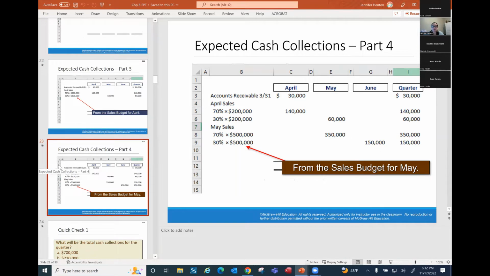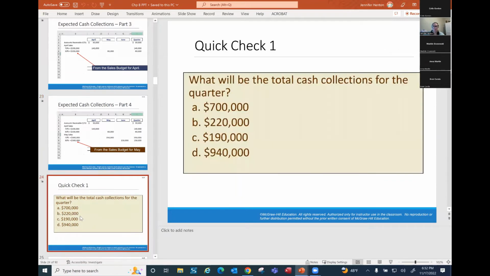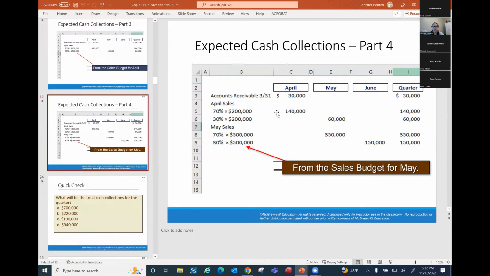All right. It says, what will the total cash for the quarter be? We've already calculated April because we knew it was coming in. We had April sales. We calculated May because we knew it was coming in from April, and we had the May sales. Now for June, I know what's coming in from May, but I have to calculate what I'm collecting in June to add to this total in order to get the right answer.